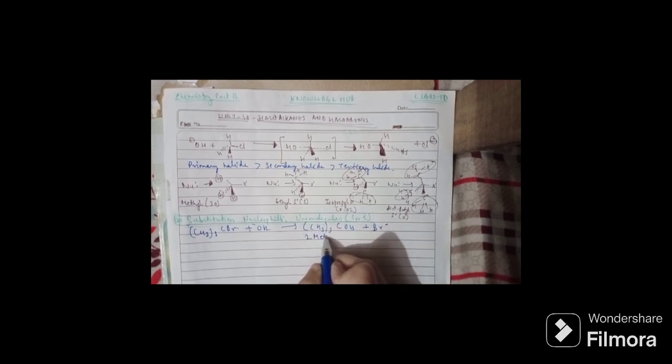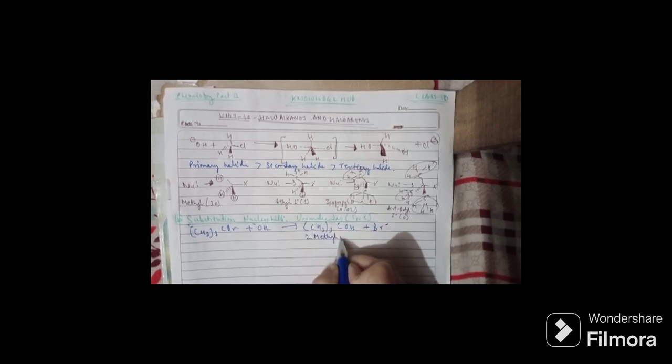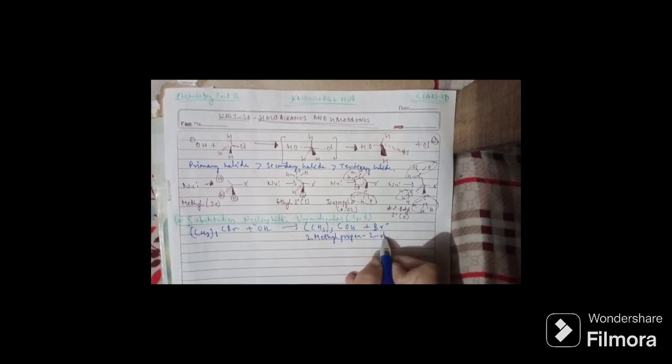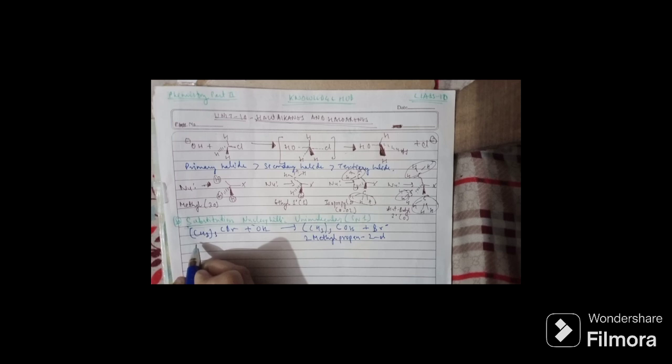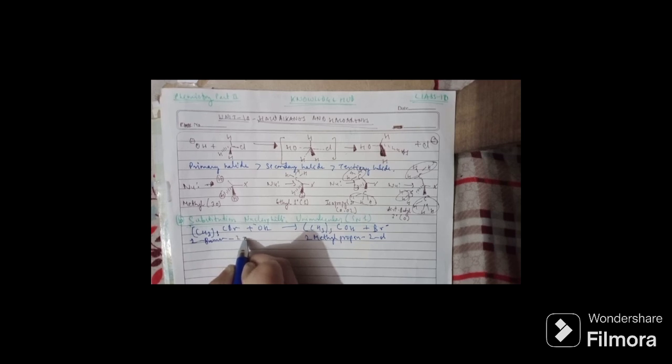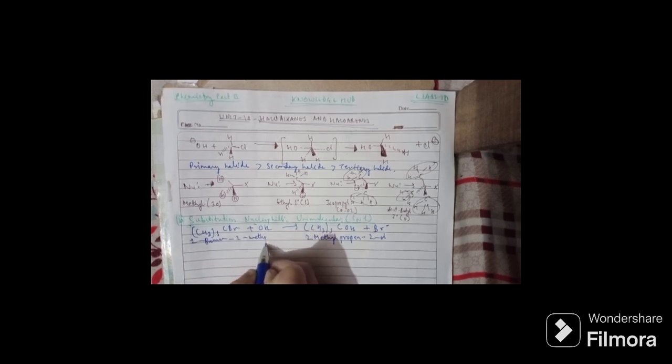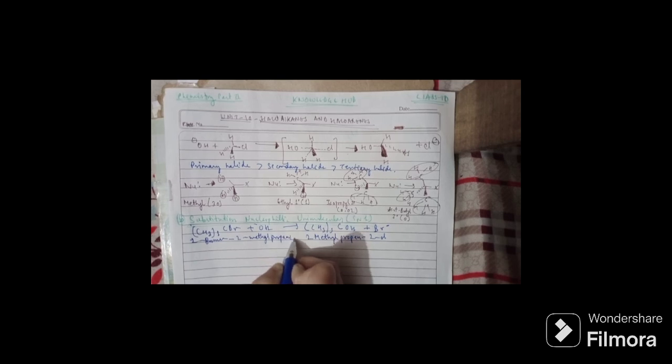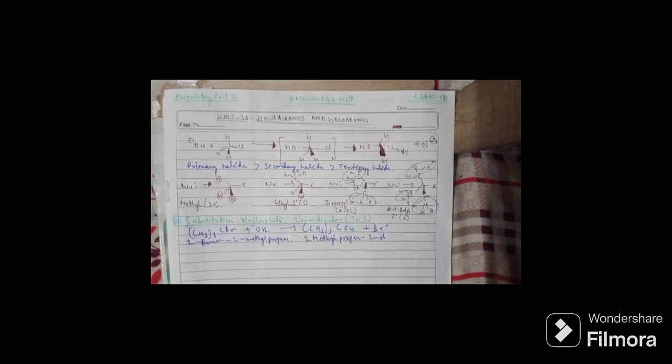The product will be 2-methylpropan-2-ol, and here the reactant is 2-bromo-2-methylpropane. So 2-bromo-2-methylpropane gives 2-methylpropan-2-ol, and it occurs in two steps.